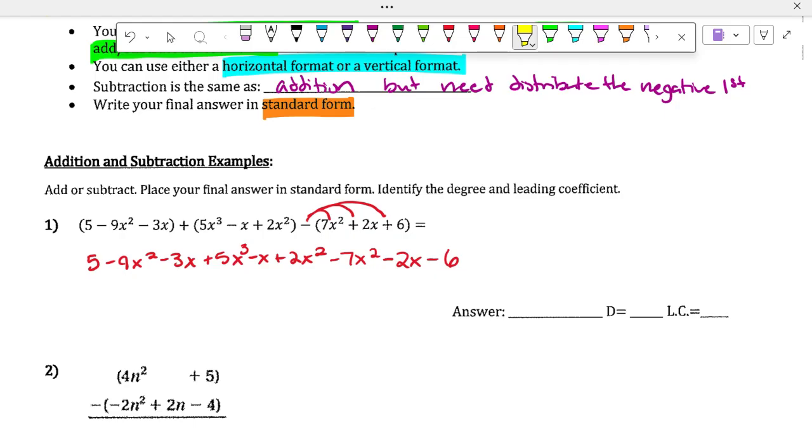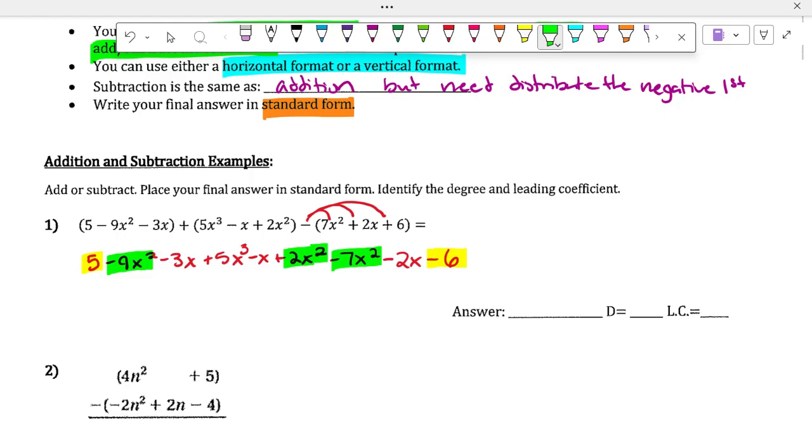Shelby, can you tell me one set of like terms? 5 and negative 6. All right, so our constants. Shelby, pick someone to tell me another set of like terms. Preferably someone who hasn't talked yet today. 9x and then negative 7x.